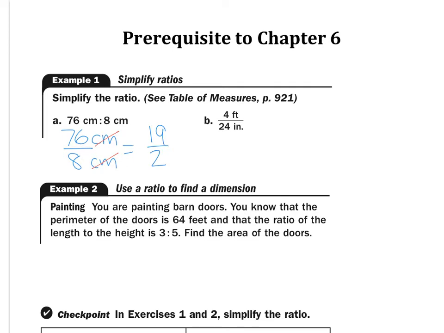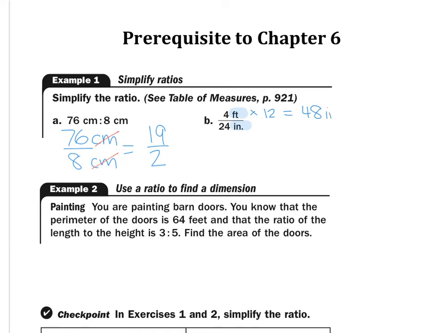In the second one, though, I cannot reduce the 4 over 24 because if you take notice, the units are different. I have feet and inches. So I need to make sure that I'm in the same units. So I'm going to change feet to inches by multiplying it by 12 inches in a foot.